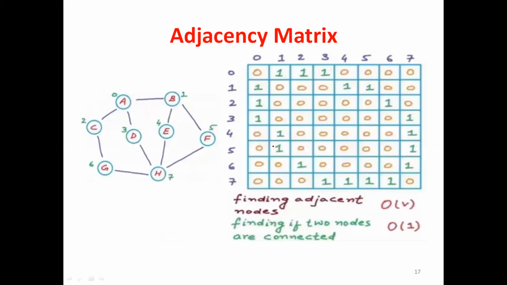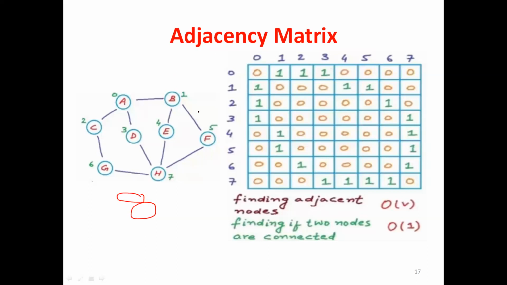Next, the representation. The same way we represent the adjacency matrix. Here the number of nodes taken is 8, and this is the representation of the adjacency matrix for an undirected, unweighted graph.